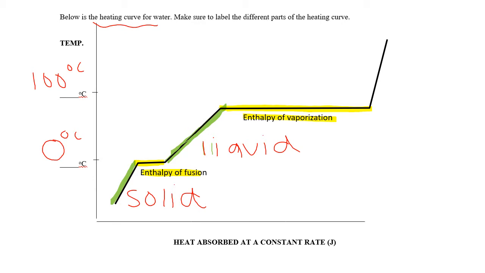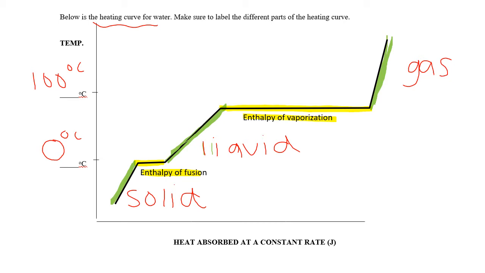It takes a little bit of time once it gets to 100 degrees Celsius. And so this second flat line, vaporization, is where the boiling is occurring. And then once water gets above 100 degrees Celsius, it is in the gaseous state.